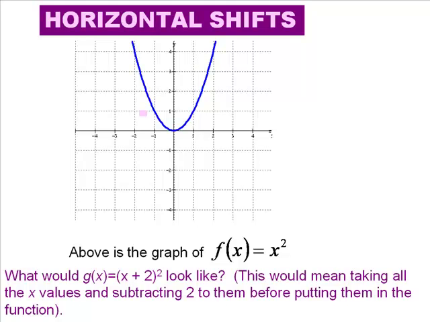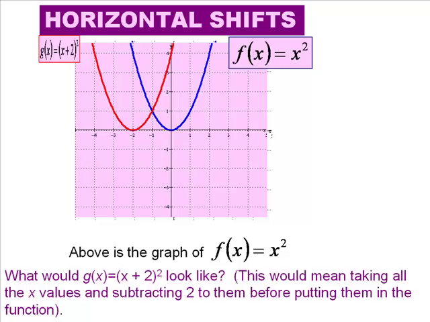And so that means that this particular function is going to be shifted 2 units to the left. Remember, it's opposite of the sign that's in the function or in the equation.